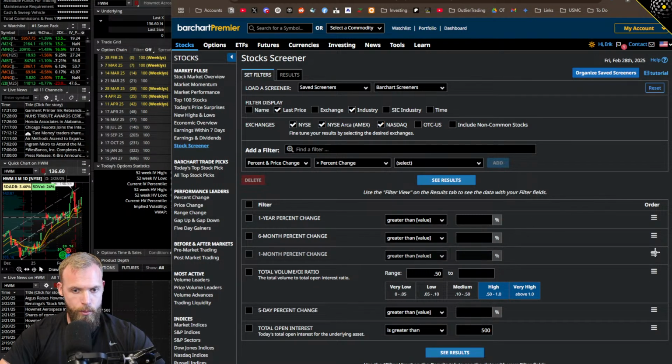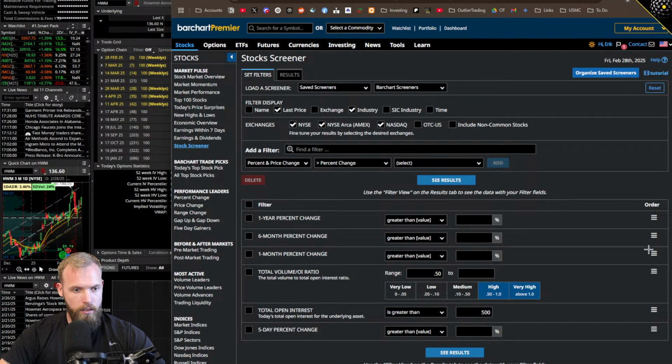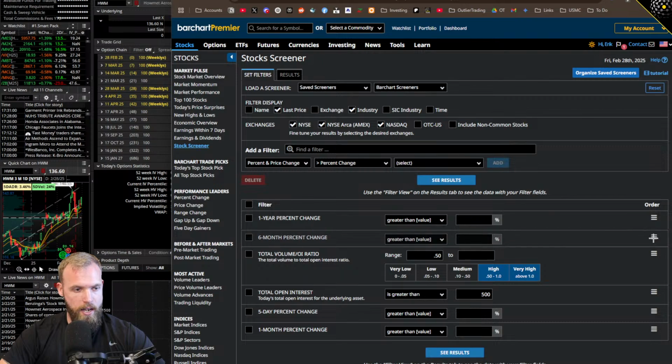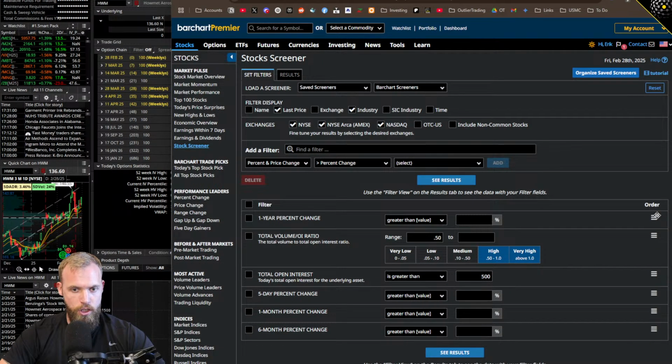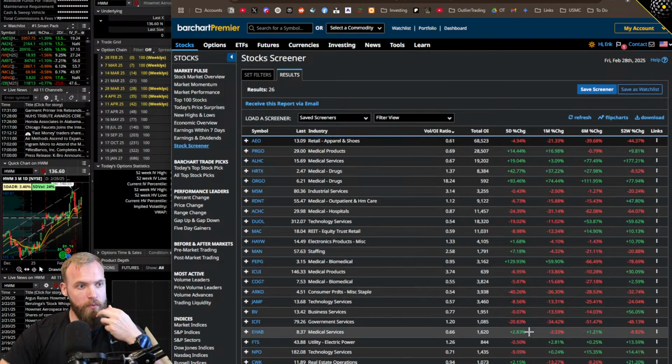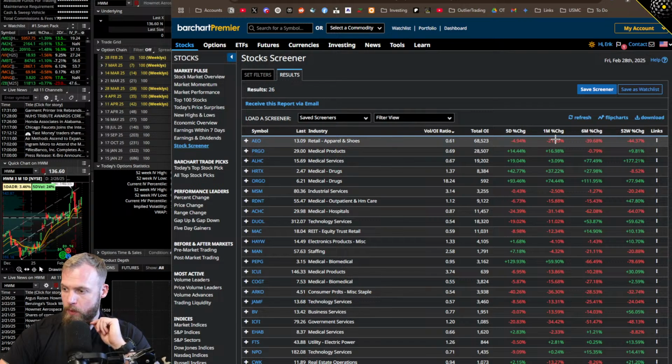The reason why the percent changes matter to me is because, typically speaking, there will be a reason why we see massive changes in volume over OI. So I didn't input anything into those. I just want to see what the results are.